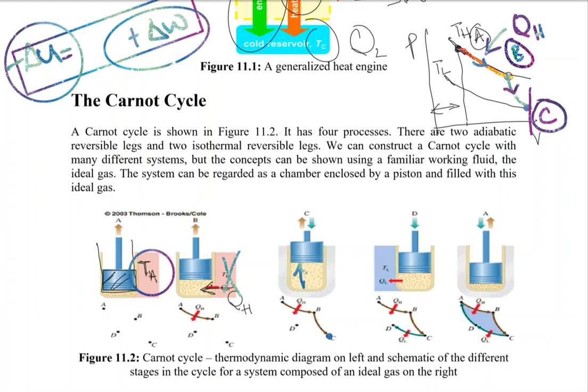So now we have reached the bottom dead center, where we have got the maximum volume. Remember, we have the minimum volume at the top dead center and the maximum volume at the bottom dead center. Now at the bottom dead center, we put the system on the temperature reservoir TL.